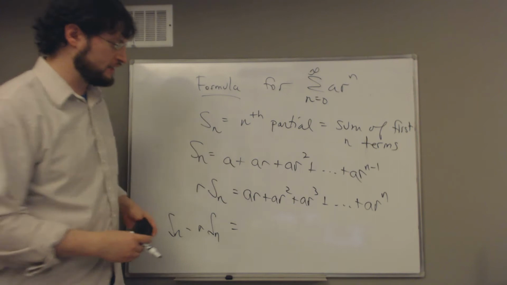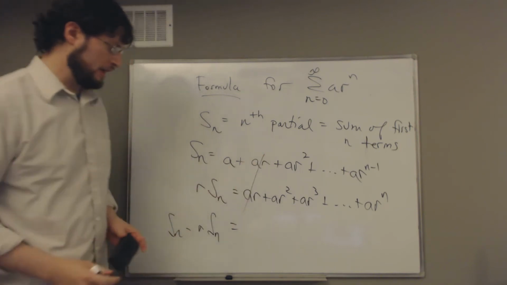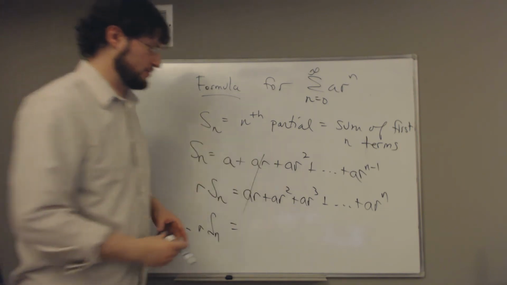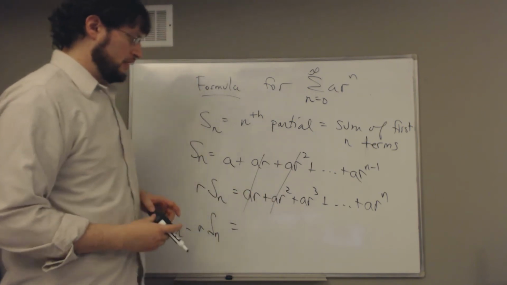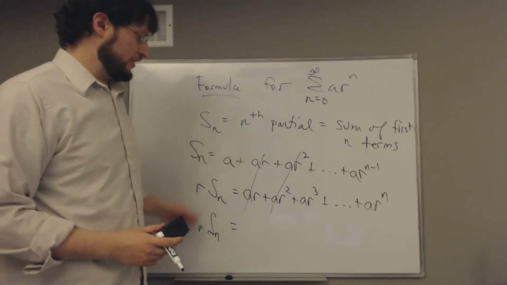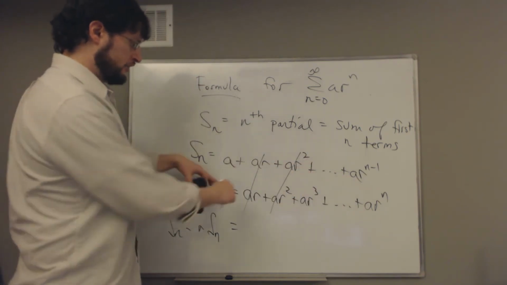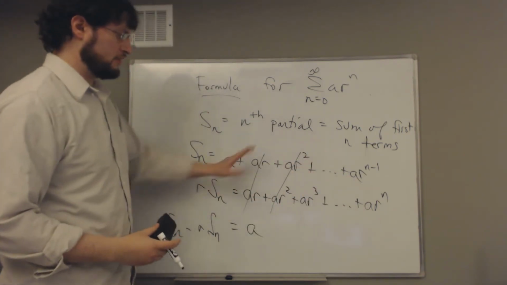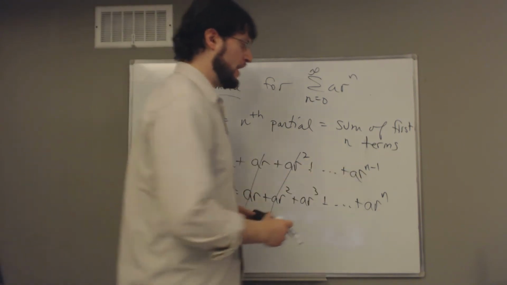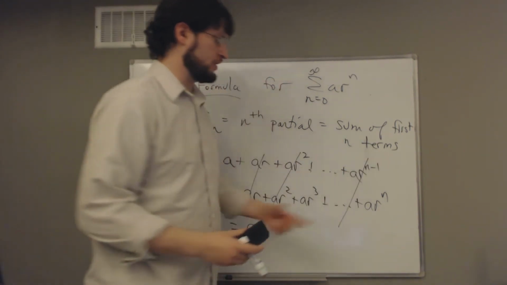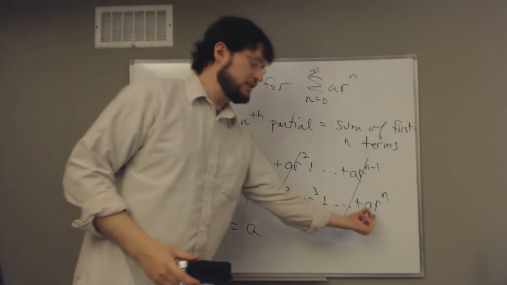Notice that if I subtract, ar minus ar goes away. Ar squared minus ar squared goes away. A never goes away because there's nothing here for it to cancel with. None of these things are a. So a is left when I subtract. These things are all gone. Even ar to the n minus 1 is gone because it's hiding in my dots. But this thing isn't gone either.